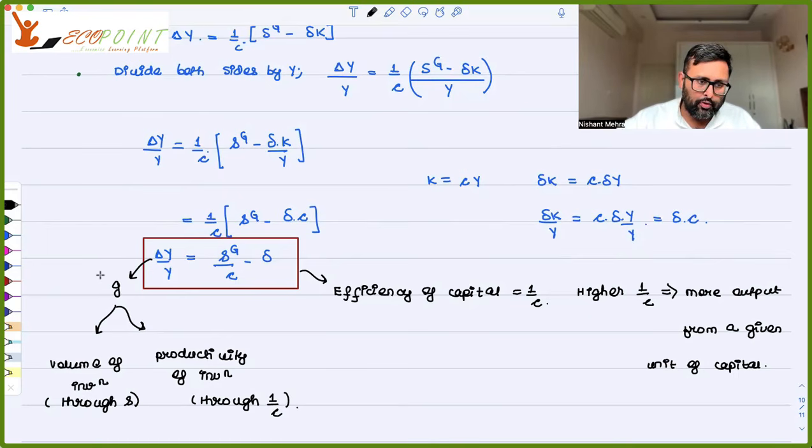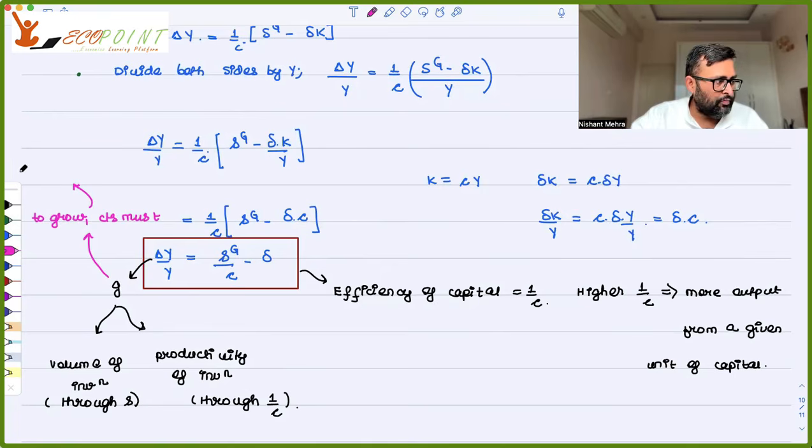To grow, you can just write somewhere: to grow, countries must save and invest a share of national income and at the same time use investment more efficiently.